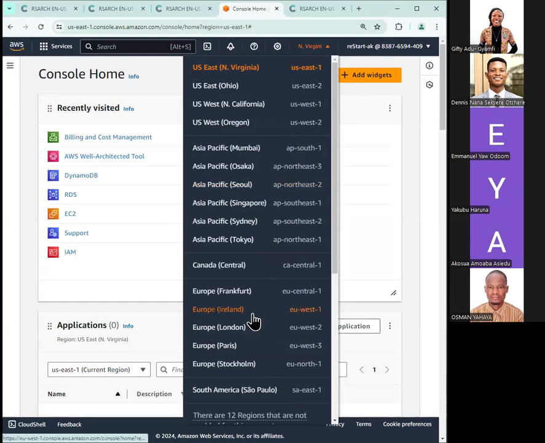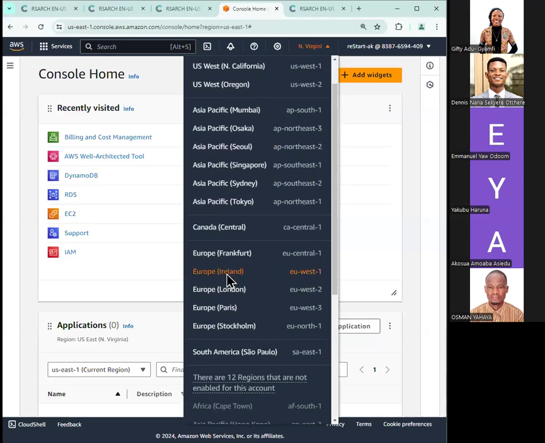So if I want to provision resources inside of Ireland from here in Ghana, I can get it done without having to go there myself. That's what going global in minutes means, because in traditional, you would actually have to go there, establish a business there, and buy your servers there. But inside of AWS, we can move from region to region with the click of a button.